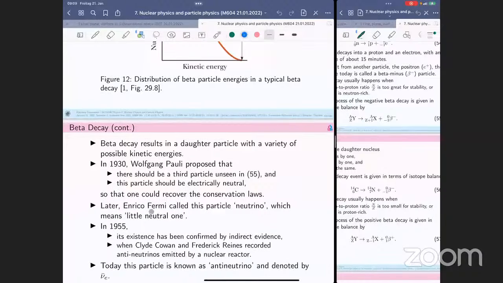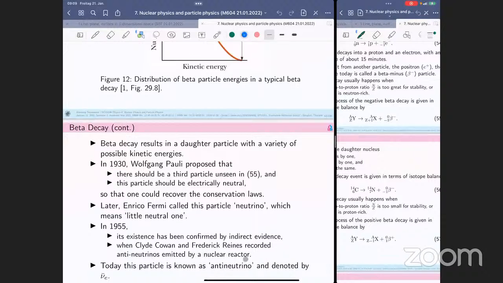And once these two big persons suggested this, approximately 20 years later, some people tried to observe this, and they found it accidentally in a nuclear reaction process, in a nuclear reactor.